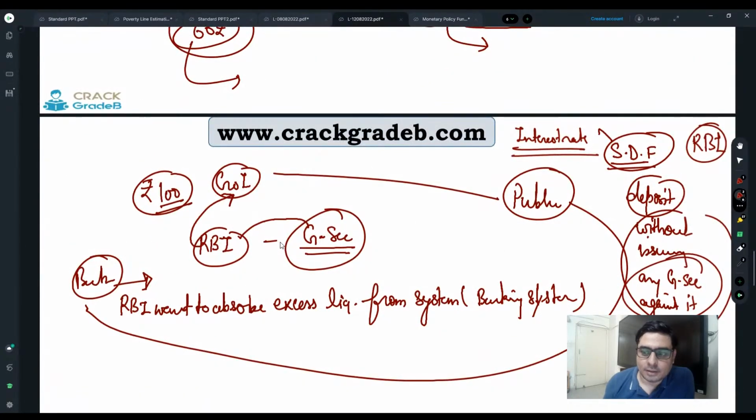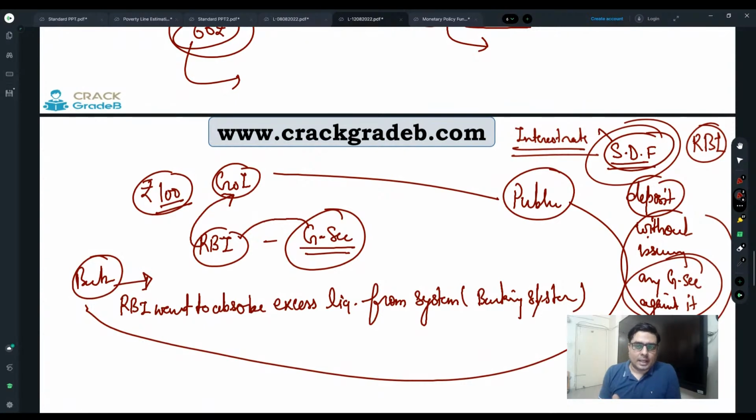No, they have started the Standard Deposit Facility, right? So banks can park their excess liquidity under the Standard Deposit Facility in the RBI, and they can earn interest. For that purpose, the Standard Deposit Facility was introduced.